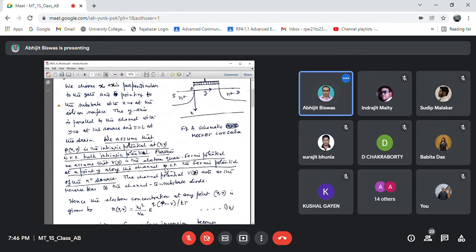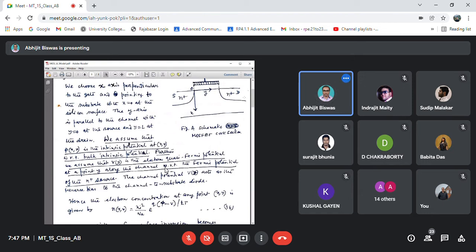So when inversion layer is formed, at the interface you will find a sheet of electrons. And if you go down within the substrate, you will find a p-type material. This is the p-type substrate, p-type silicon. So there is a sheet of electrons, means N-type semiconductor, and underneath this there is a p-type semiconductor.